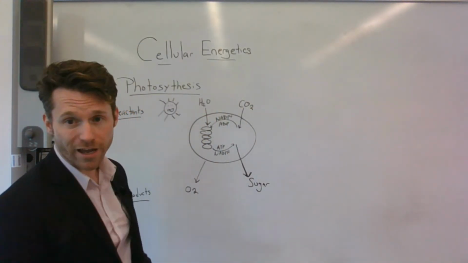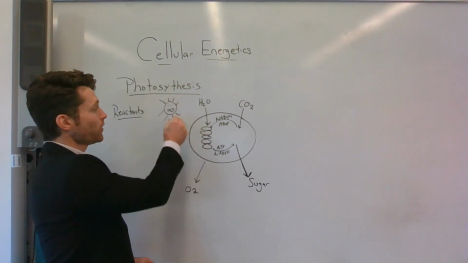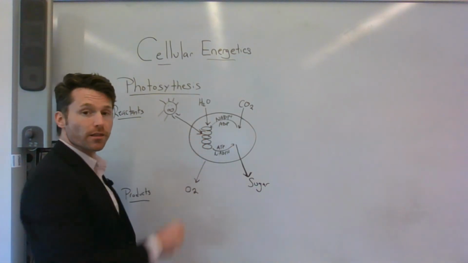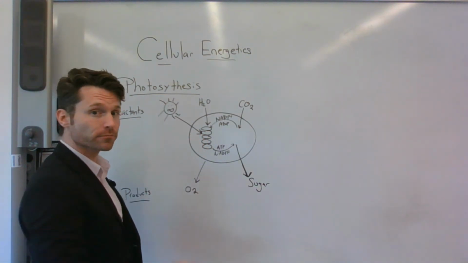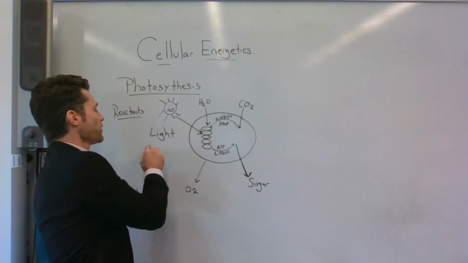So the first reaction set occurs within the thylakoid. It uses the light energy from the sun. It is called the light reactions.